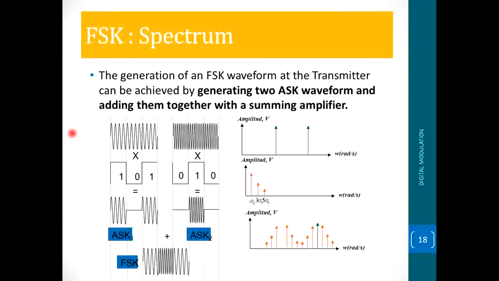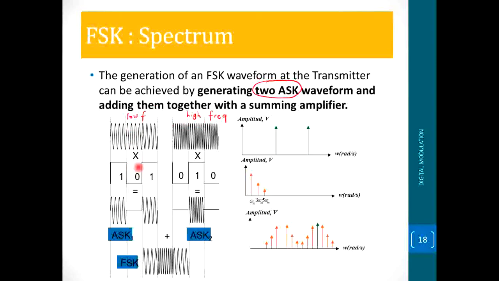So this one has the same technique, but it uses two ASK waveforms, the ASK waveform with low frequency and high frequency.